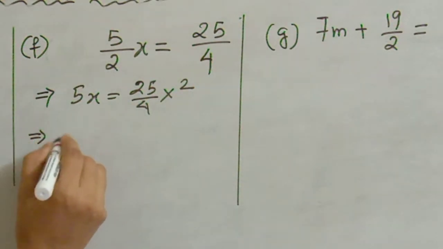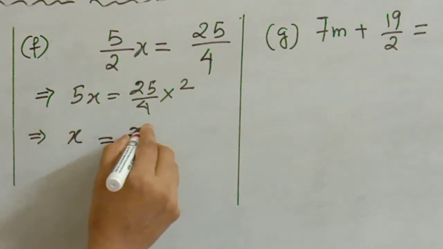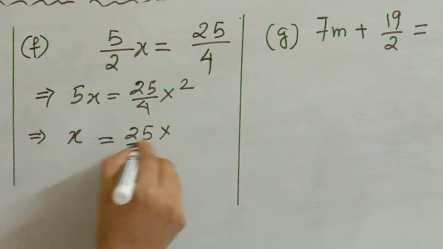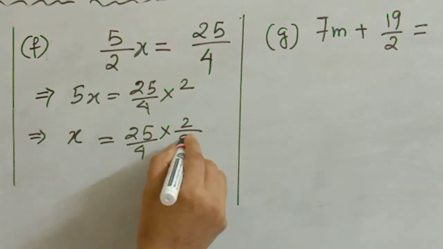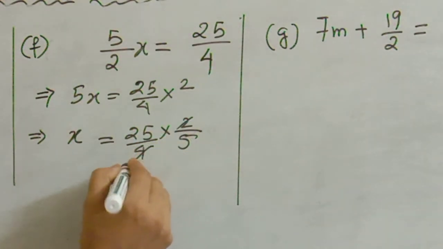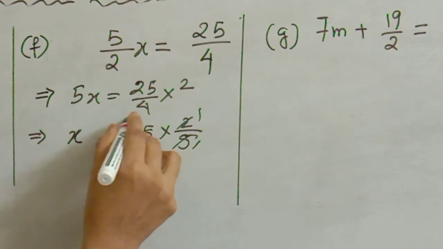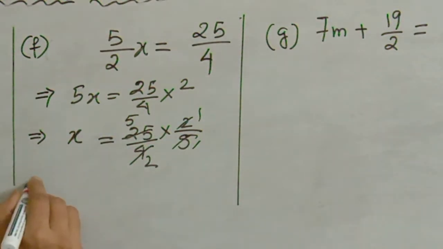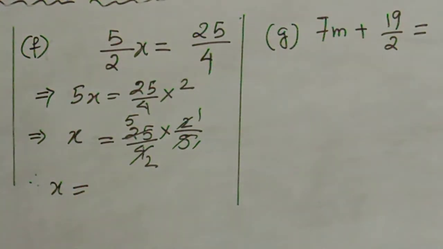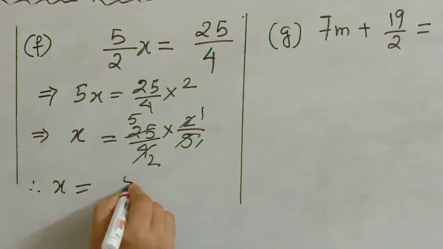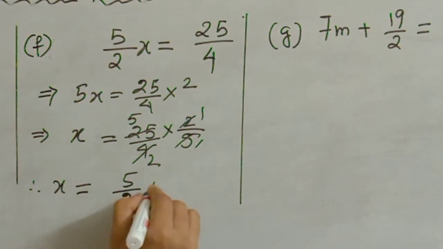Now separate 5 also, leave the variable alone. 25 by 4 into 2 by 5. Now is it possible to cancel? Yes, then cancel it. 5 1s are 5, 5 5s are 25. Therefore x, 5 1s are 5, 2 1s are 2. So x is equal to 5 by 2.